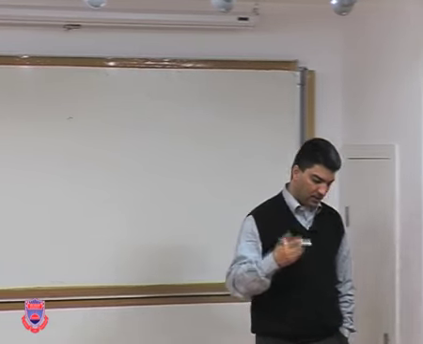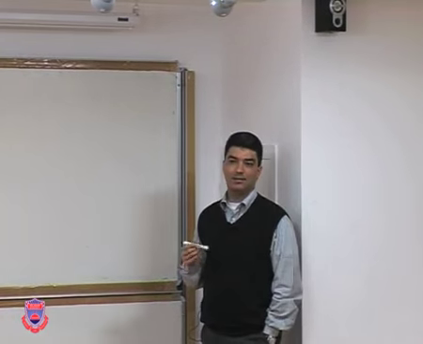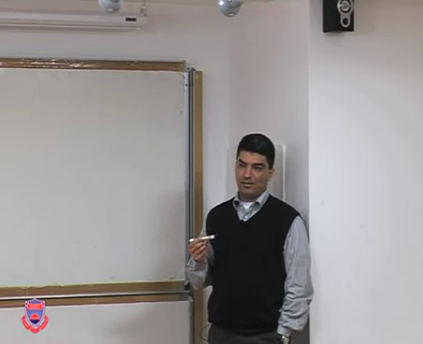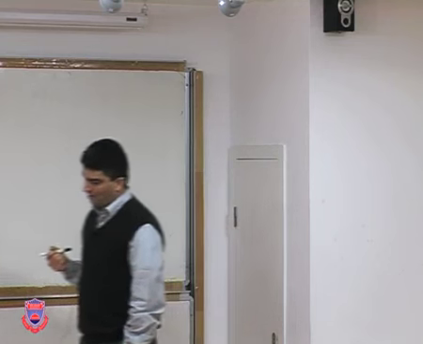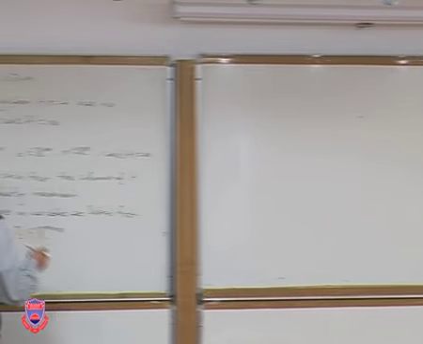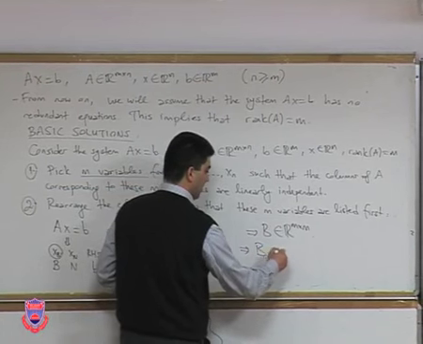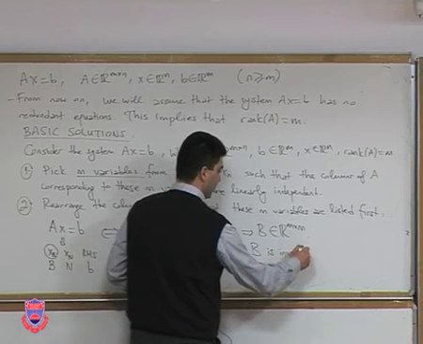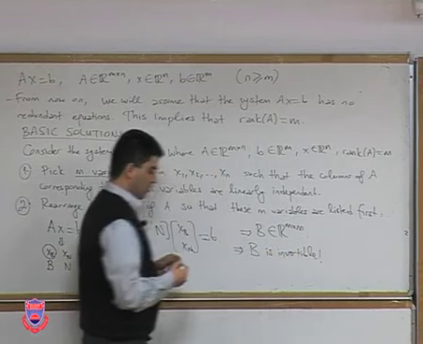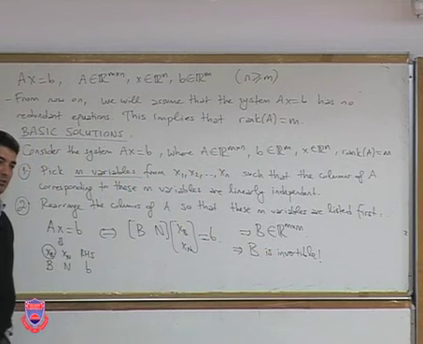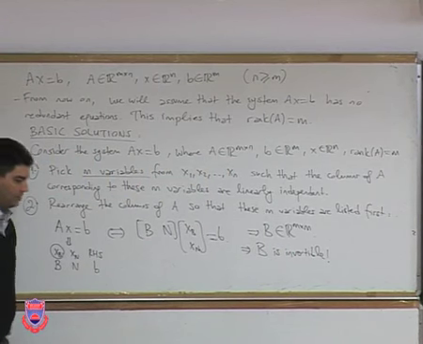If I have a square matrix and all the columns are linearly independent, then B is an invertible matrix. Okay, so you can actually invert the matrix B.